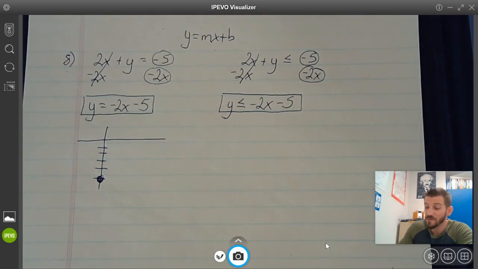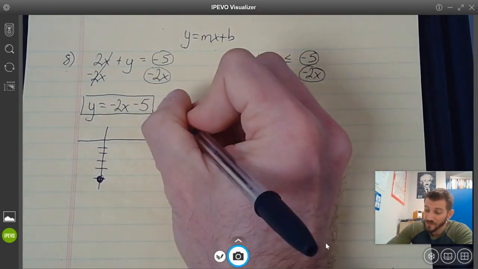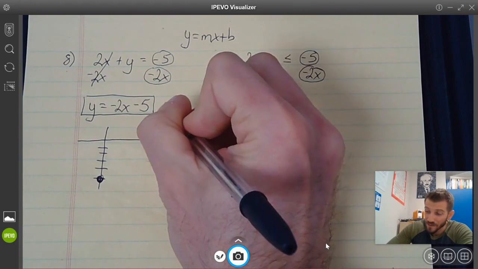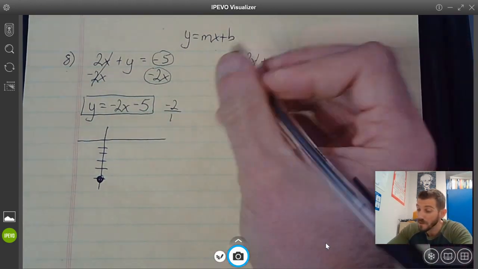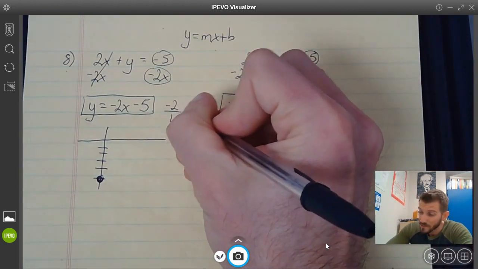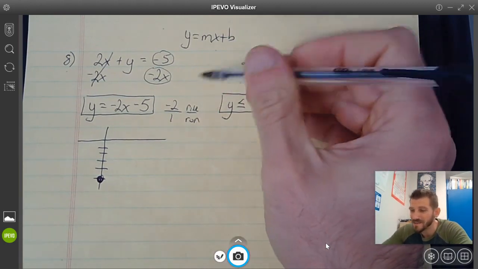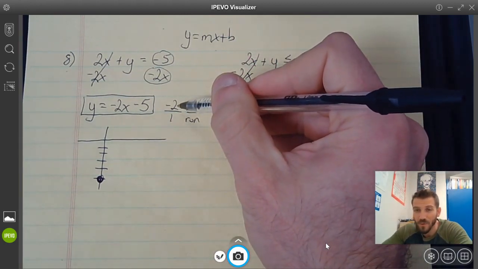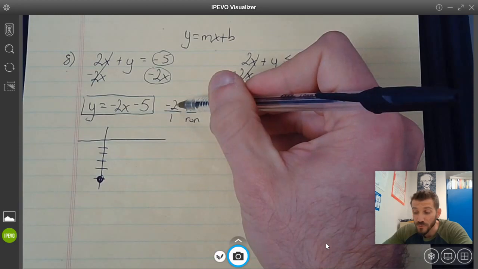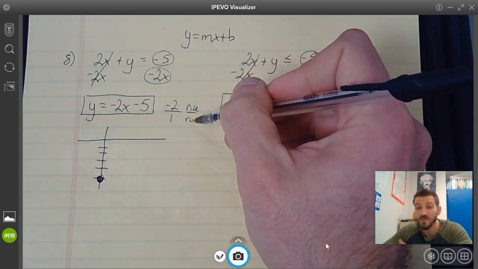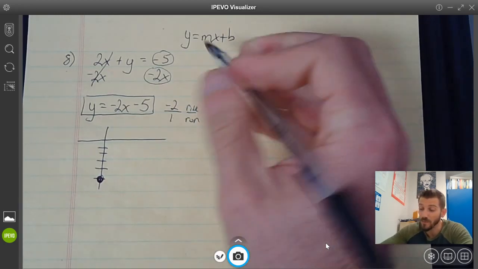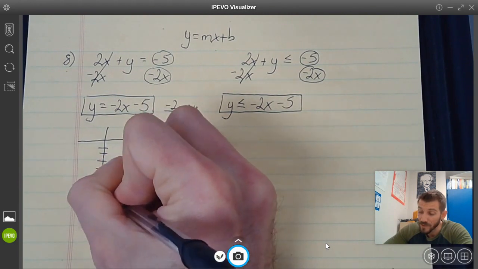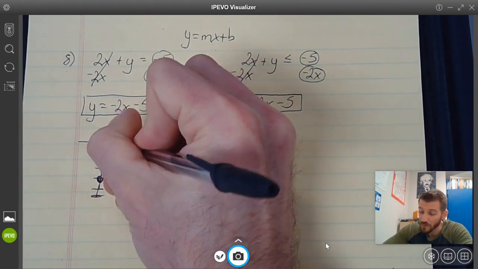Okay, I also know my slope is -2. I need to make it a fraction over 1. So that's my rise over run. Well, if I'm rising a negative number, meaning I'm going down 2, and run is always to the right. So down 2, right 1.